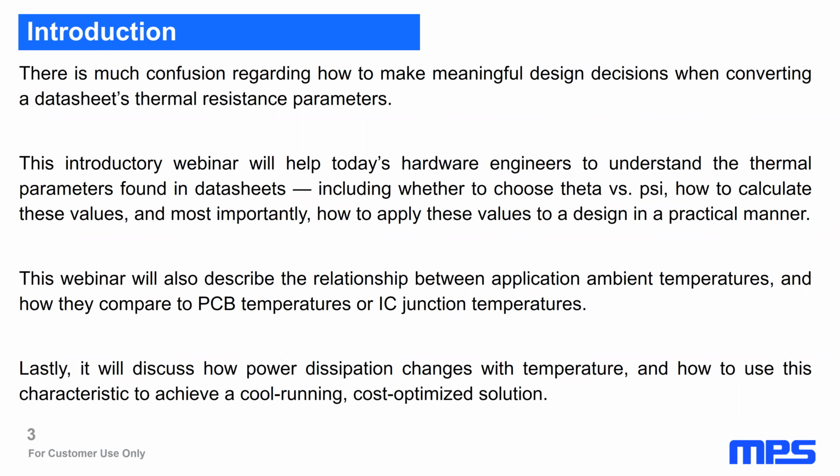We describe the relationship between application ambient temperatures and how they compare to PCB temperatures or IC junction temperatures. We discuss how power dissipation changes with temperature and how to achieve a cool running, cost-optimized solution.